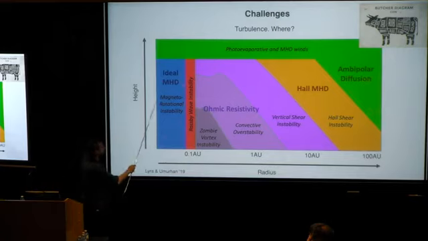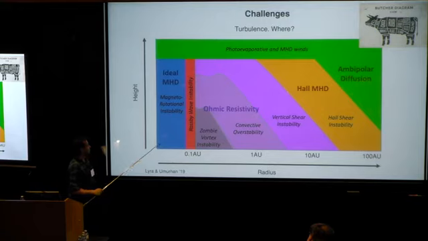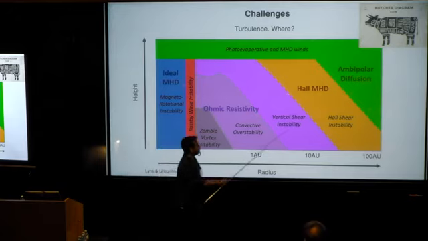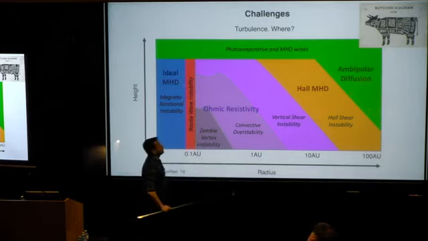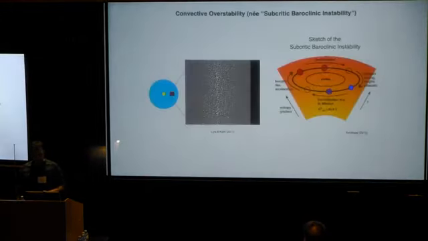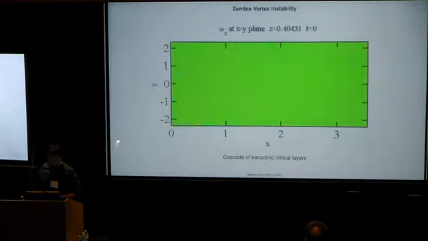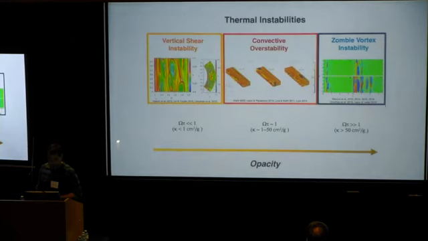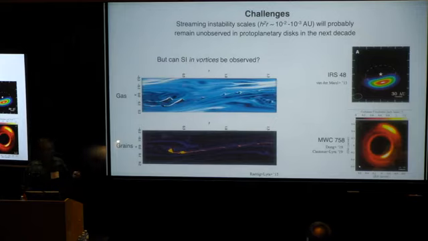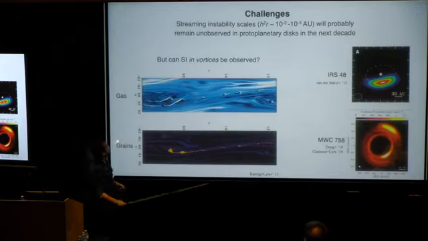We have calculations of the streaming instability with an MRI, with Rossby wave instability. We don't have them yet in this larger region of the space that is shown here. I don't have time to go through every one of these instabilities in detail, so I'll just skip that. But definitely I'm interested in it, so if you want to know more about it, come ask me.